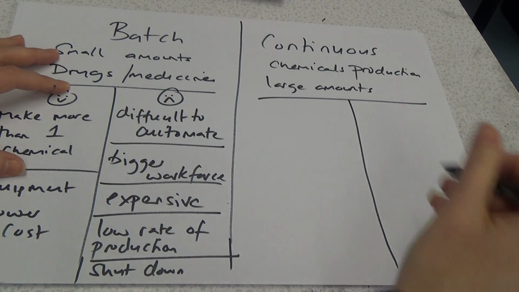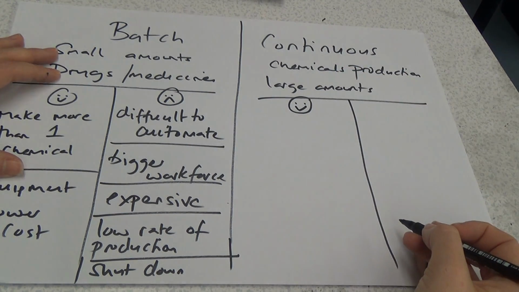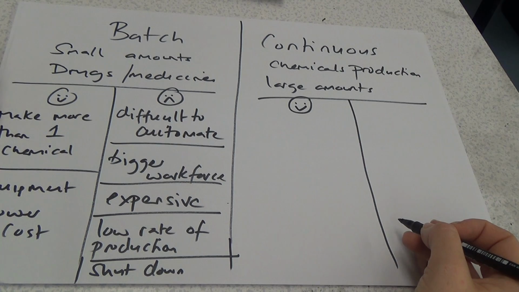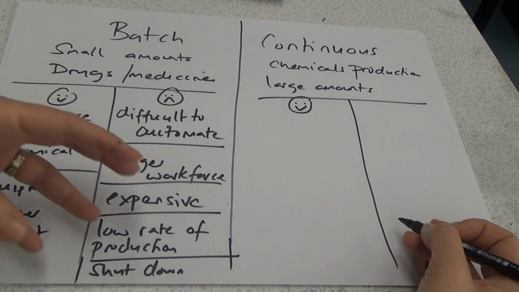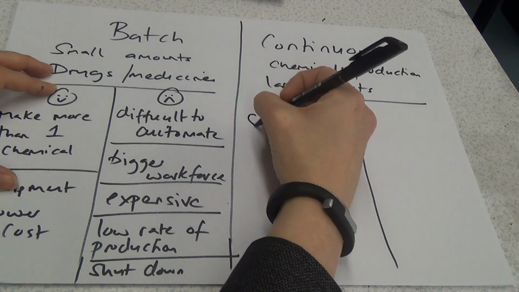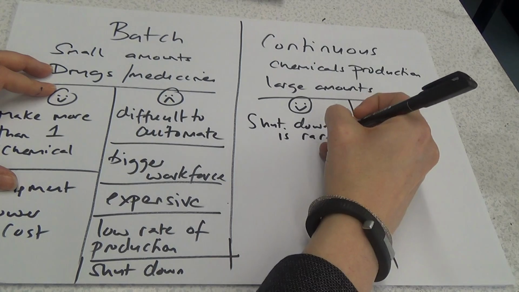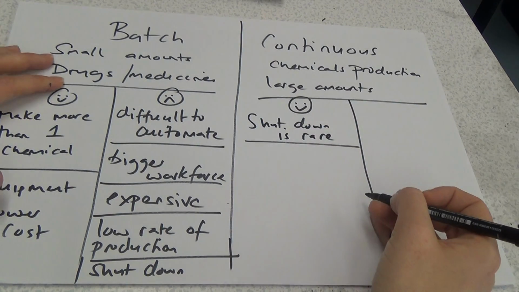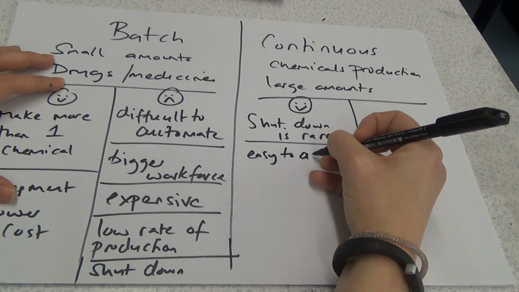So in terms of advantages, because you have continuous production in large amounts that never really stops, shutdown time is very, very rare. It's very easy to automate.